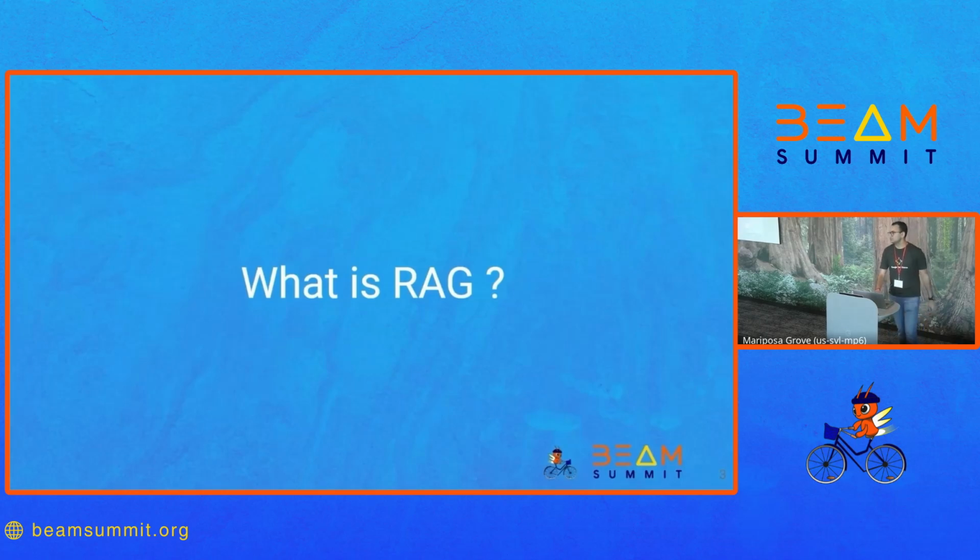So the first question is, what is RAG? Since there have already been two talks about RAG, I know a lot of people would already know what RAG is, but I would still give a little introduction just in case someone just joined. RAG stands for Retrieval Augmented Generation. It's an AI framework which is used to generate accurate and relevant text using a large language model and a traditional context retrieval system.